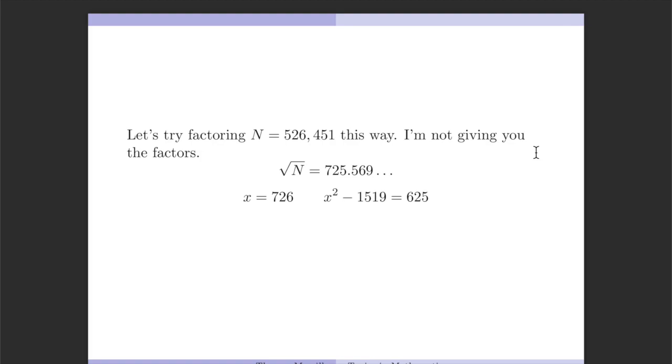Let's try factoring a medium large number. N is 526,451, only I'm not going to tell you which factors gave me this n. The first thing I do is calculate the square root of n, which my calculator says is 725.569.